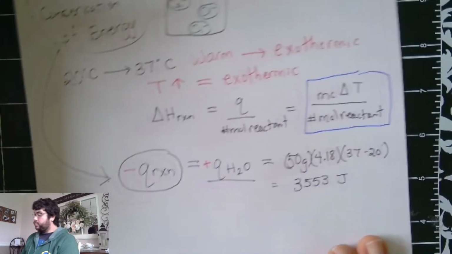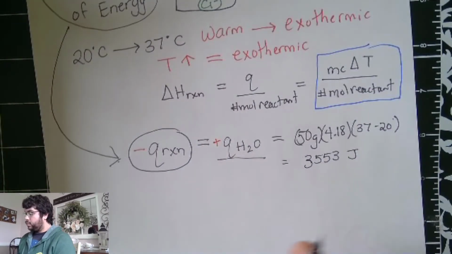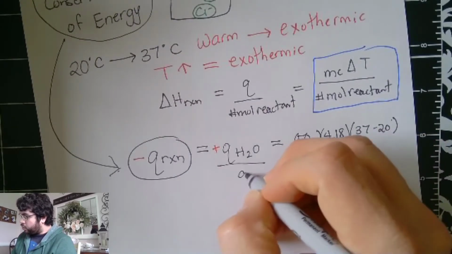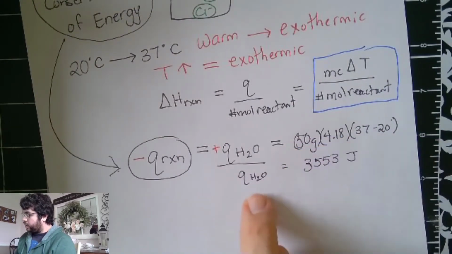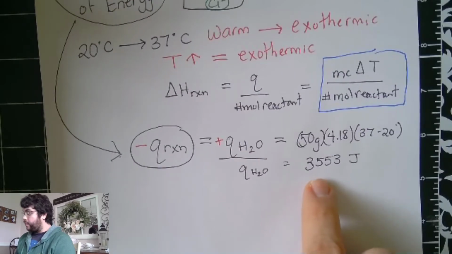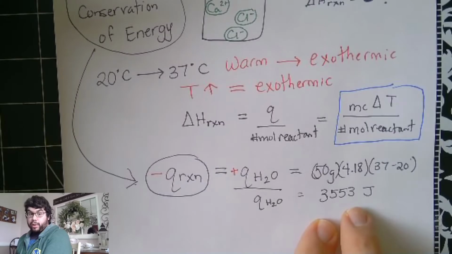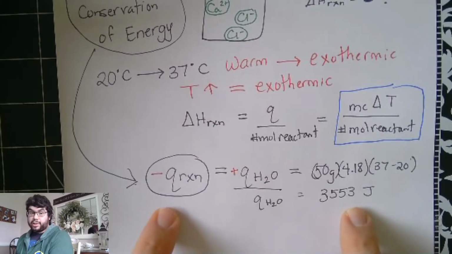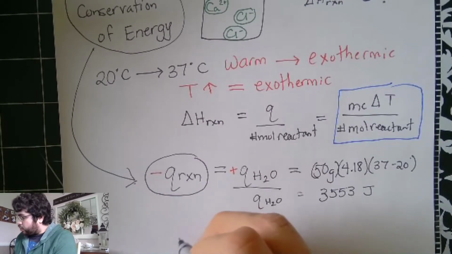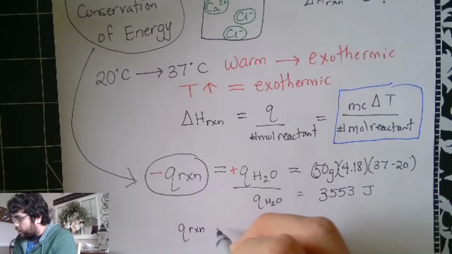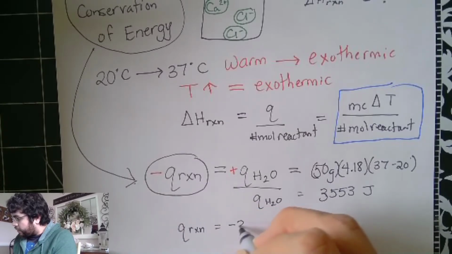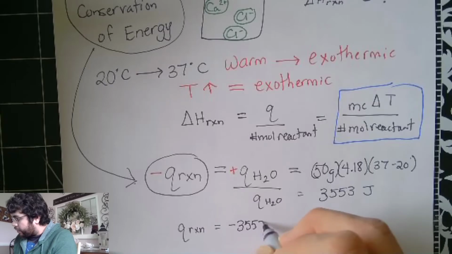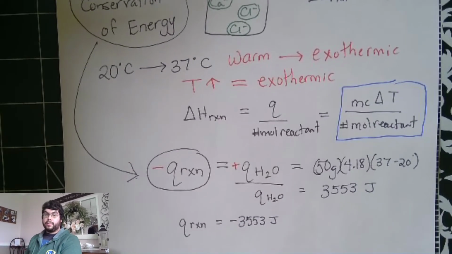So the Q of the water is equal to 3,553 joules. Now, that is an equivalent amount of energy to the reaction. It's just flipped sign. So the Q of the reaction is going to be negative 3,553 joules.